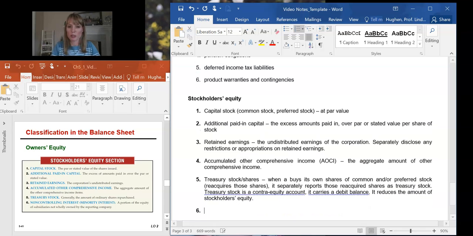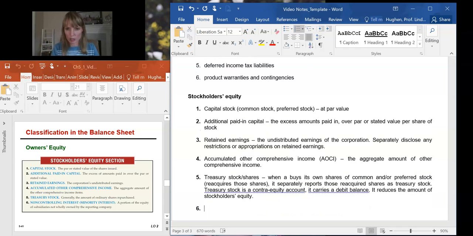And there's one more that we don't see terribly frequently, but sometimes we see this: non-controlling interests, sometimes referred to as minority interest. So this does relate to the non-controlling interest that we saw on the income statement.